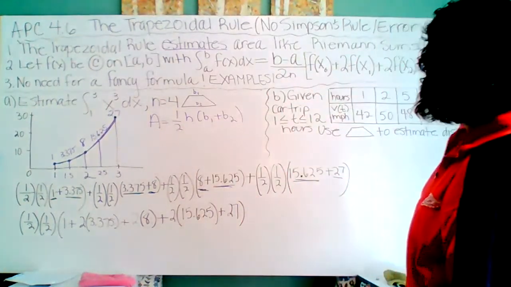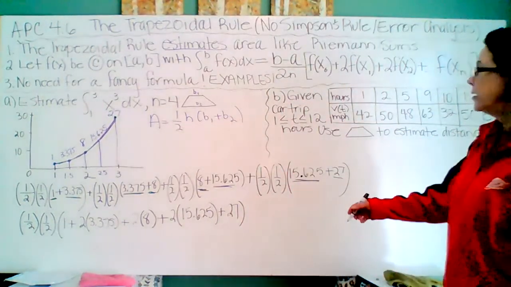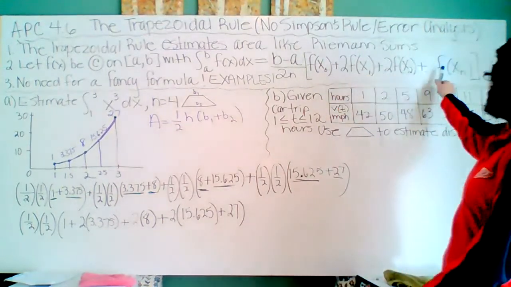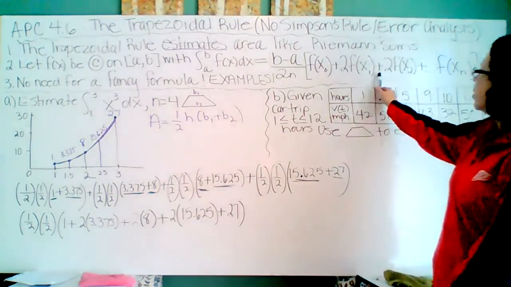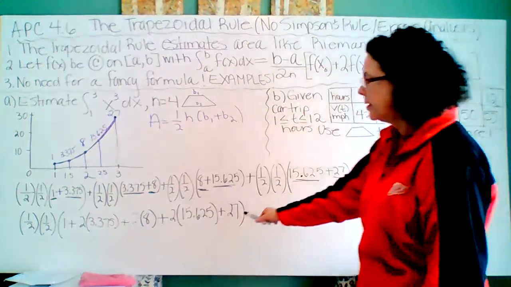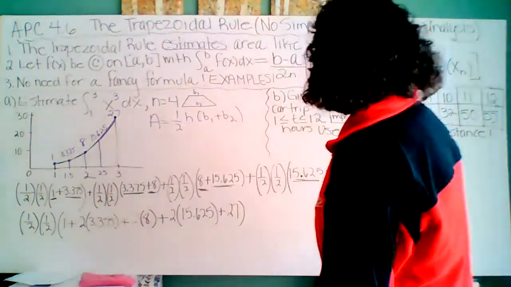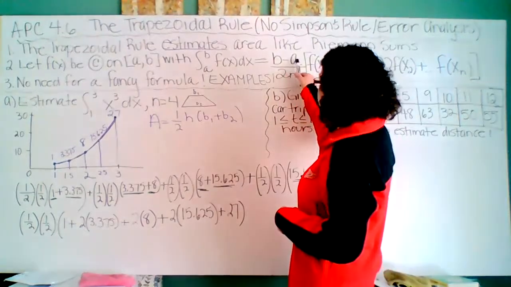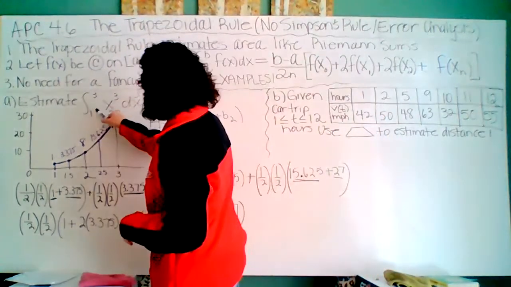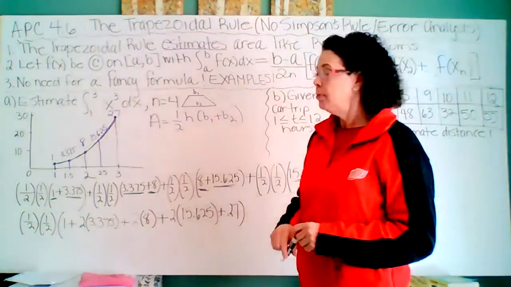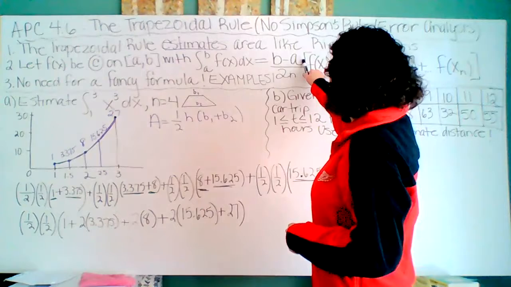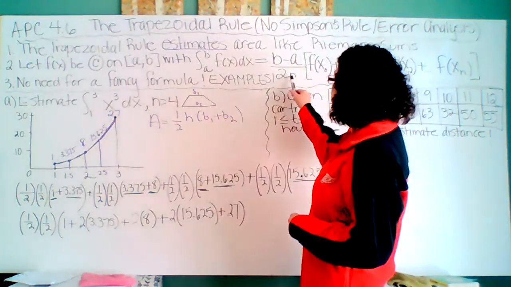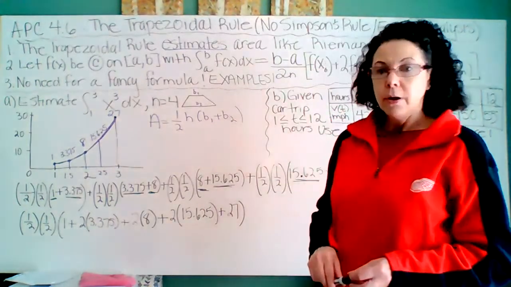And notice this is where the formula then comes from, right? We use the first base once, the last base once, and all the other bases we multiplied by 2 because they are in two different trapezoids. Notice that our b minus a is 3 minus 1, which is 2, right? And our denominator then would be 2 times 4, right?